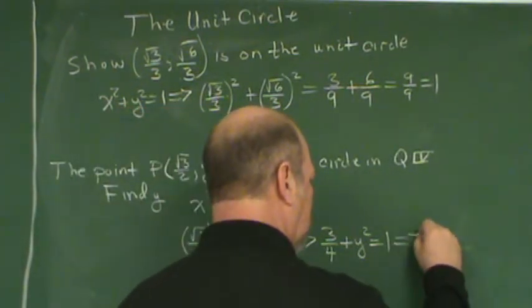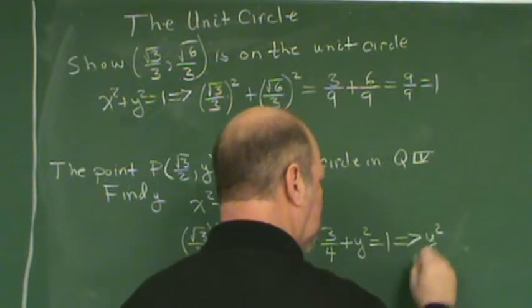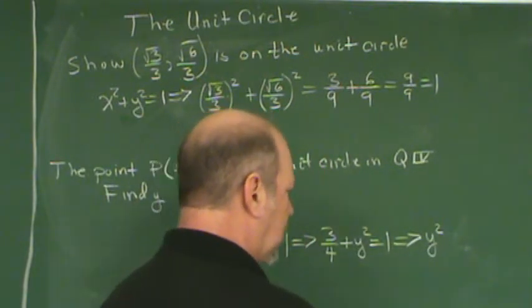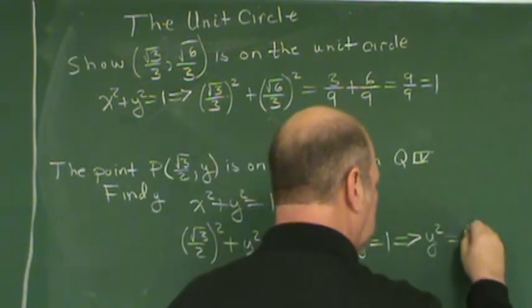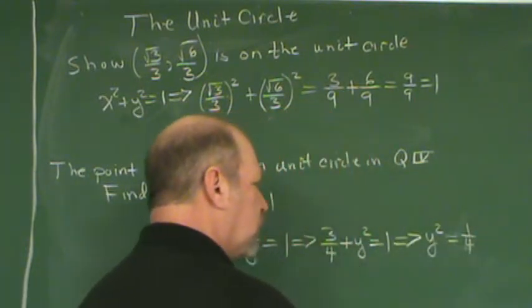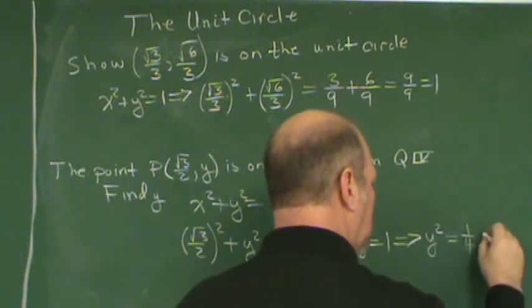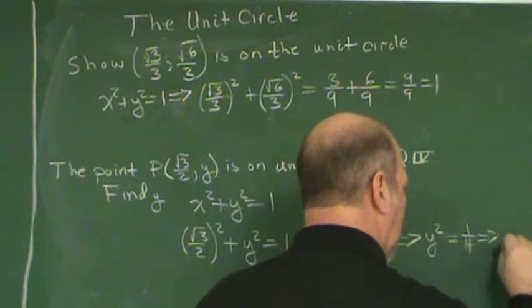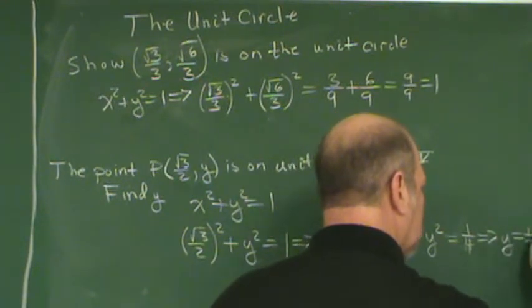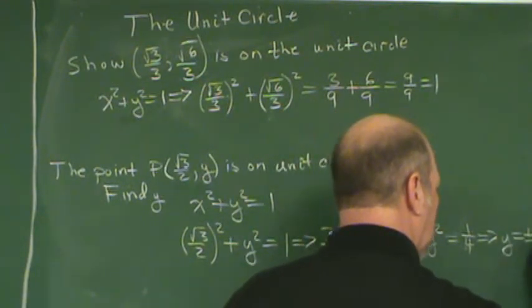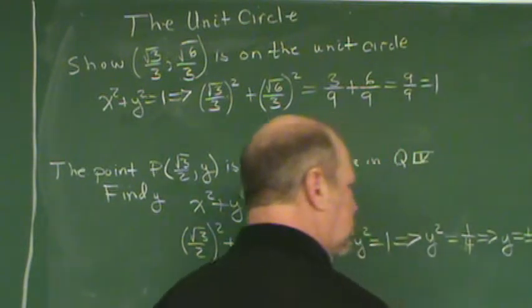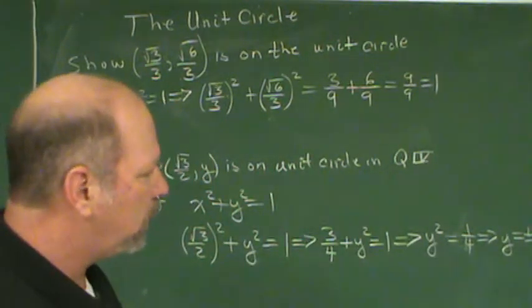If I add negative 3/4 to both sides, I get that y squared is equal to 1 minus 3/4, which is 1/4. So that tells me that if I take the square root of both sides, then y is going to be plus or minus the square root of 1, which is 1, over the square root of 4, which is 2. Keep in mind you're taking square roots here.